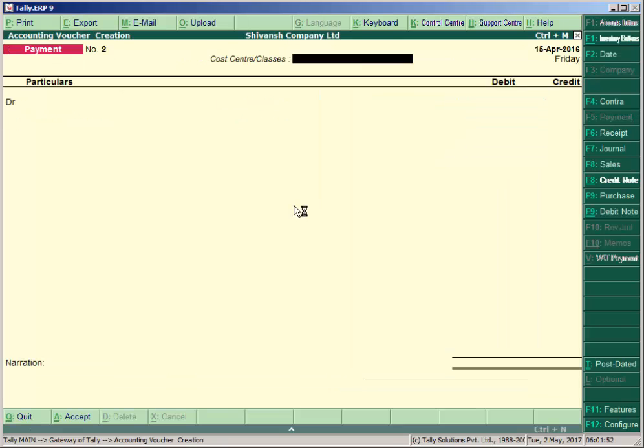Go to accounting voucher, press Ctrl plus F9 for debit note. When you want to charge the interest on loan, make the entry in debit note, and if you pay any interest, then make entries in the credit note voucher type.